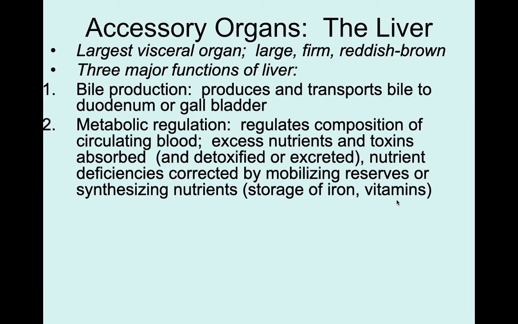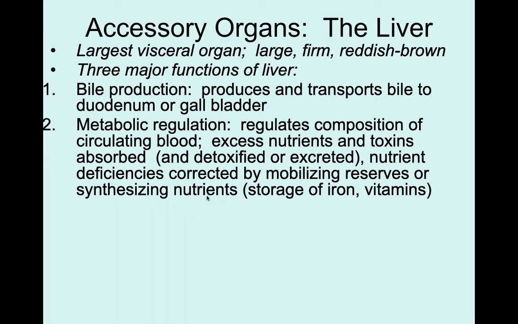Like, for example, if your glucose levels are too high, then your liver removes excess glucose from your blood and stores it as glycogen. If our blood sugar is low, then that liver can break down that glycogen and return glucose to the blood to bring up your blood sugar levels.